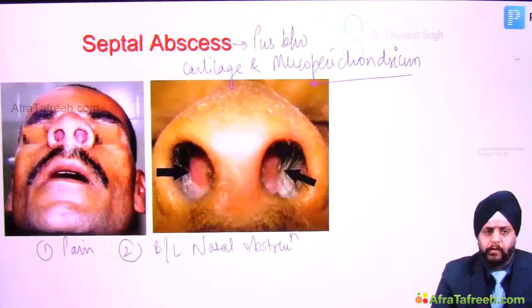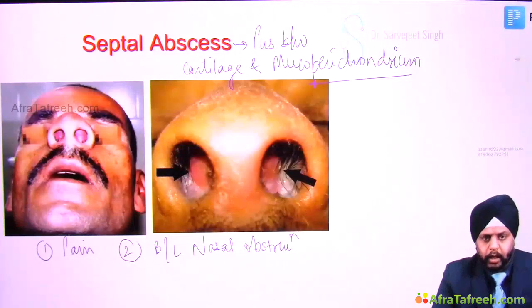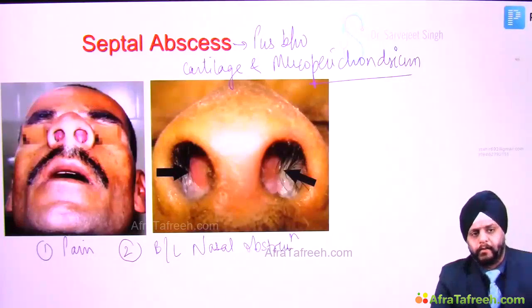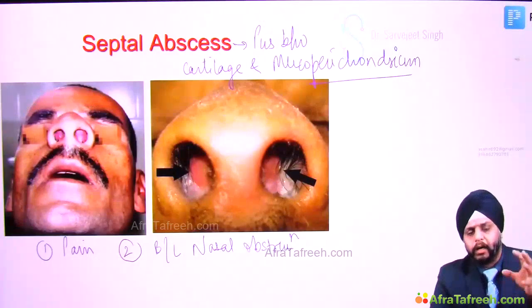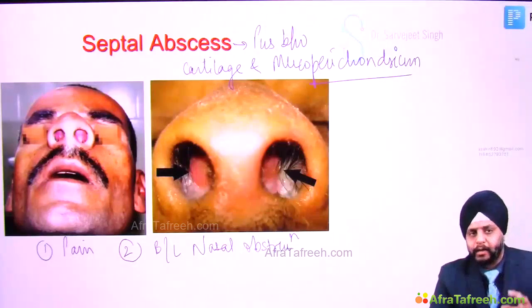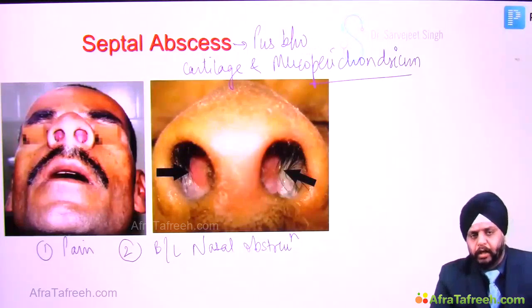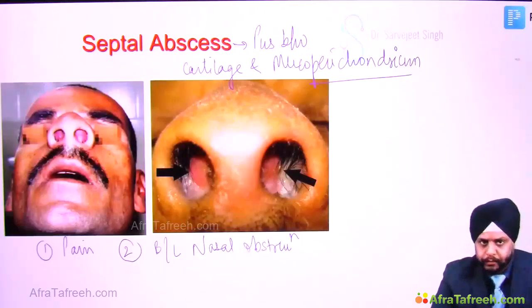Patient may go into septicemia. Remember, this abscess is near the danger area of face. If it spreads to the outer nose, it will be a danger area. So it can be a very serious infection if we allow it to go further.